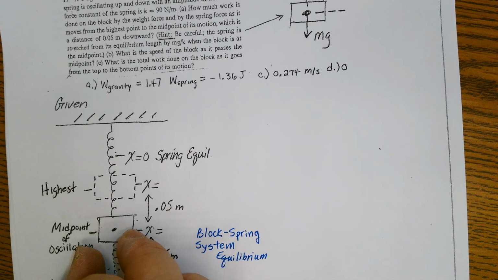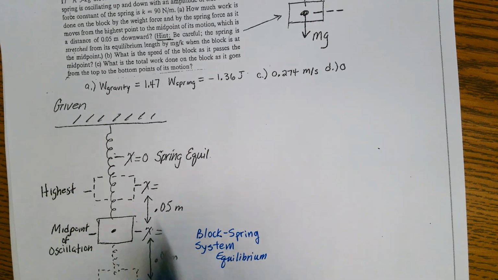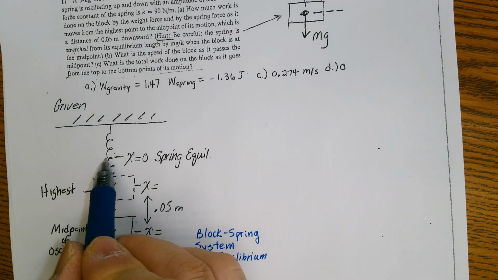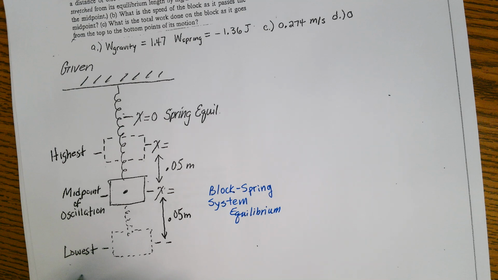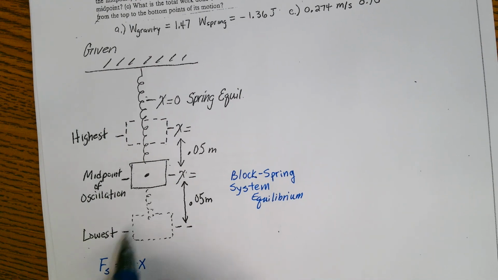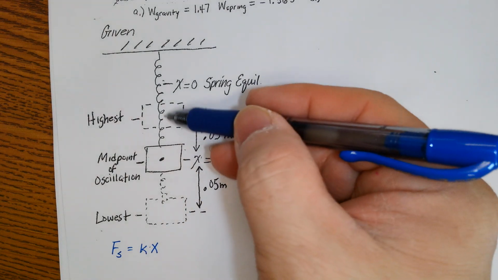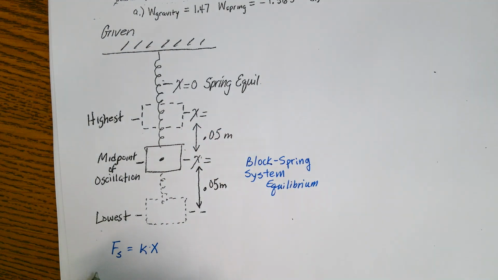We don't know exactly how much this thing is going to stretch. We can find out though. If we think about F spring equal to Kx, how much would 3 kilograms stretch this thing out to? Let's find out.